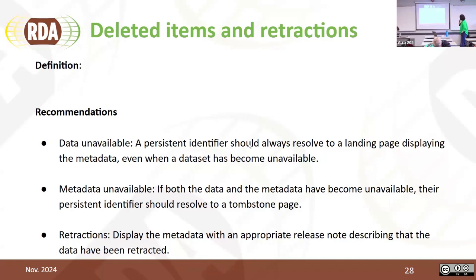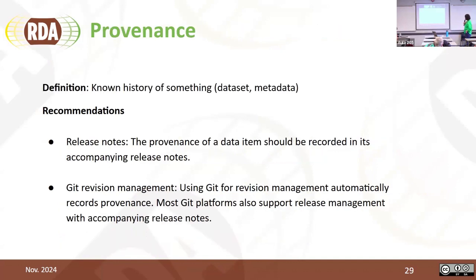Jens, could we move on to the next one? We have a few, like three or four. We have 10 minutes. So the next one is provenance, which we talked about a bit in the granularity discussion. So how to track the record history of the changes, either of the data set or metadata.